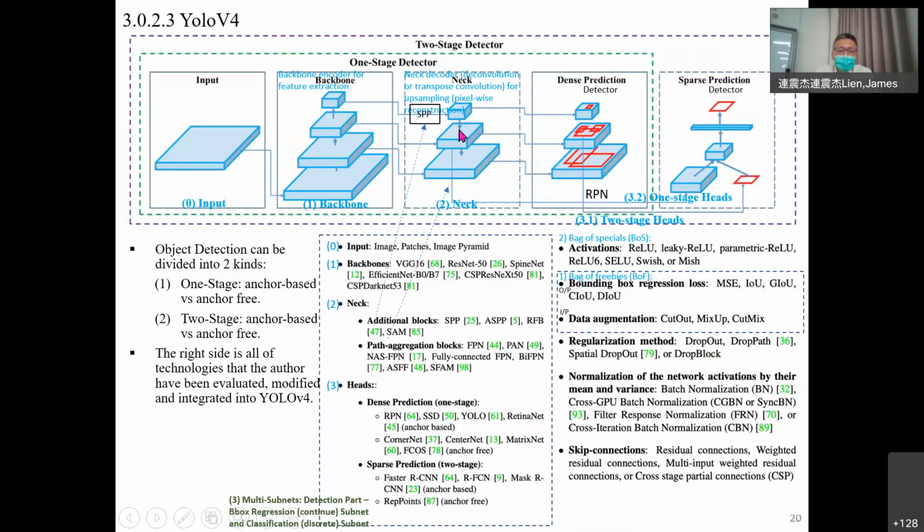In YOLO V4, you can base it on the neck, the feature pyramid network. You can put it here, so this one becomes one stage. You can also do the other way. It's two stage. This means you come here to the RPN. After the RPN, you have a region.